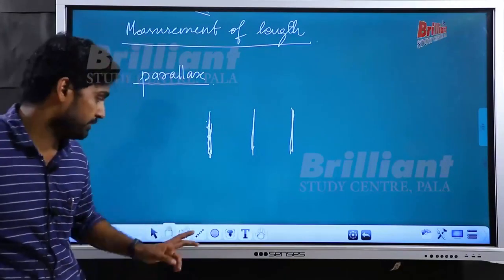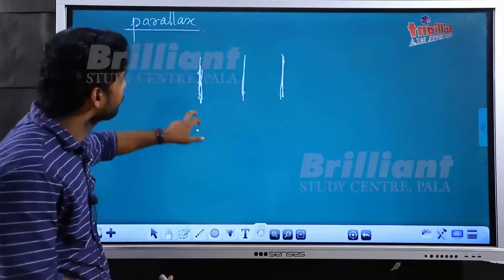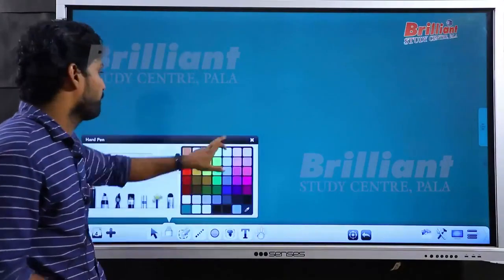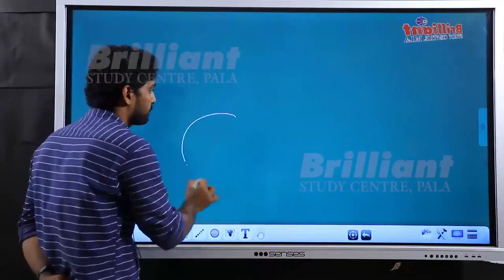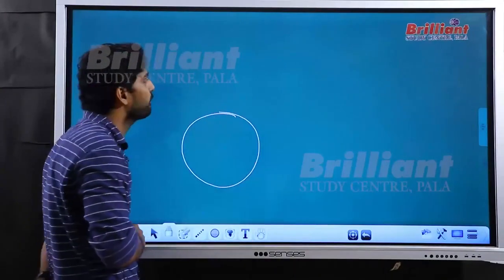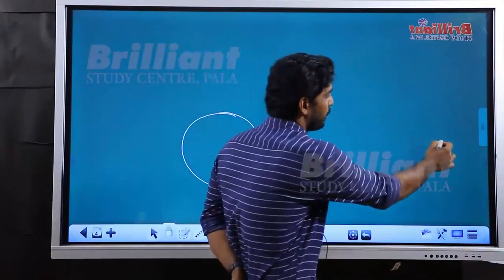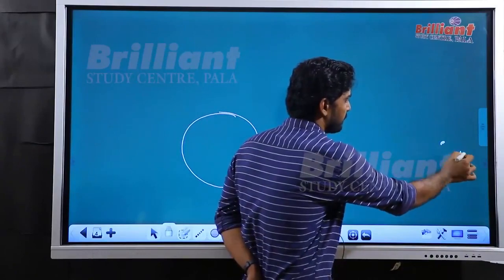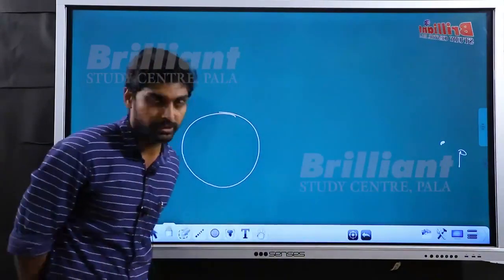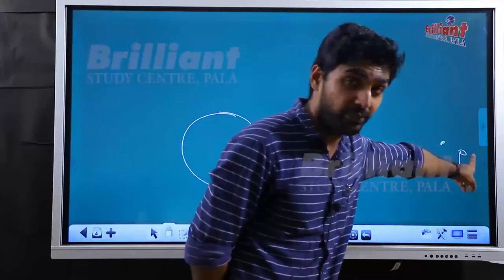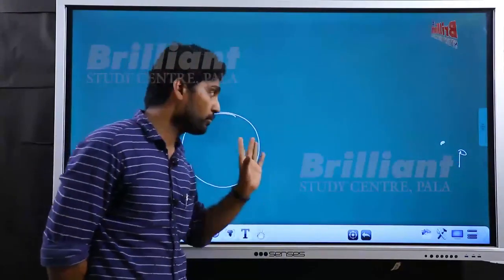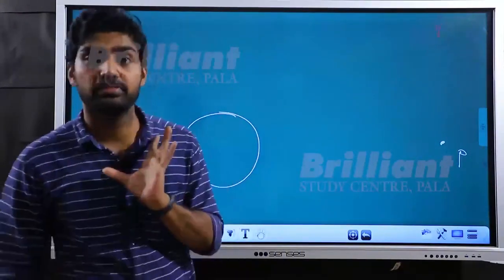Suppose I have observed a planet using a telescope. This is the Earth, and this is a planet at a very large distance from the Earth. I want to measure the distance of the planet from the Earth.